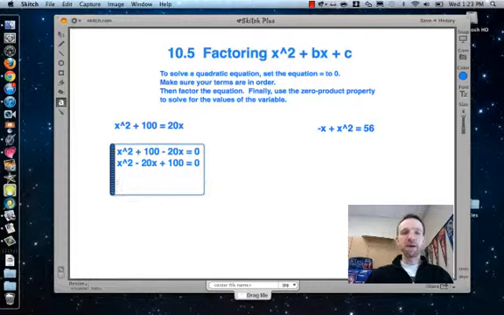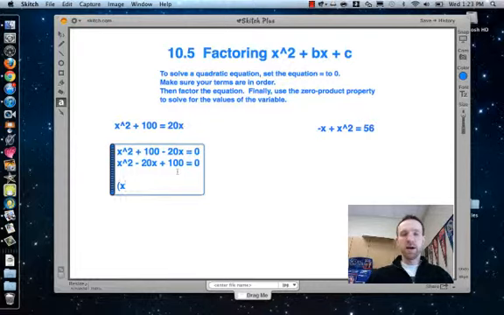Now that I have that in standard form and it's set equal to 0, I can factor this. So I've got to figure out x plus or minus some number times x plus or minus some number. What two numbers multiply together to give me 100 that add up to give me 20? Let's see here. Thinking like 50 and 2, that's not going to work.